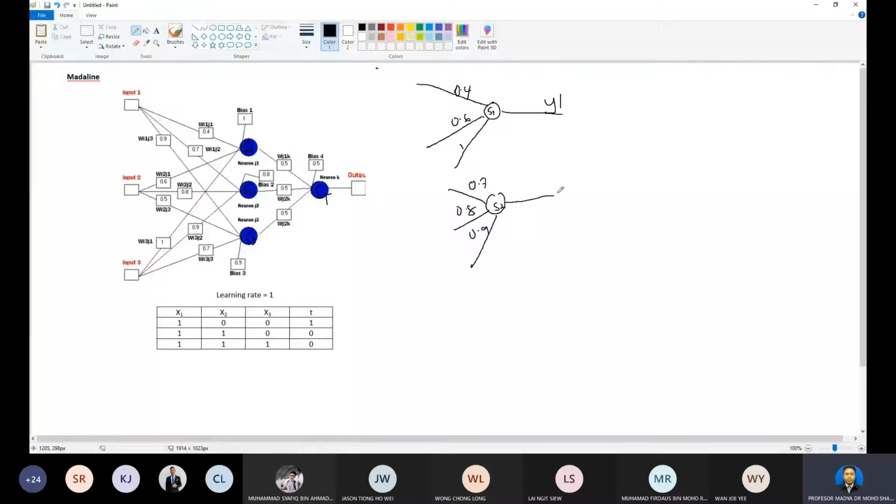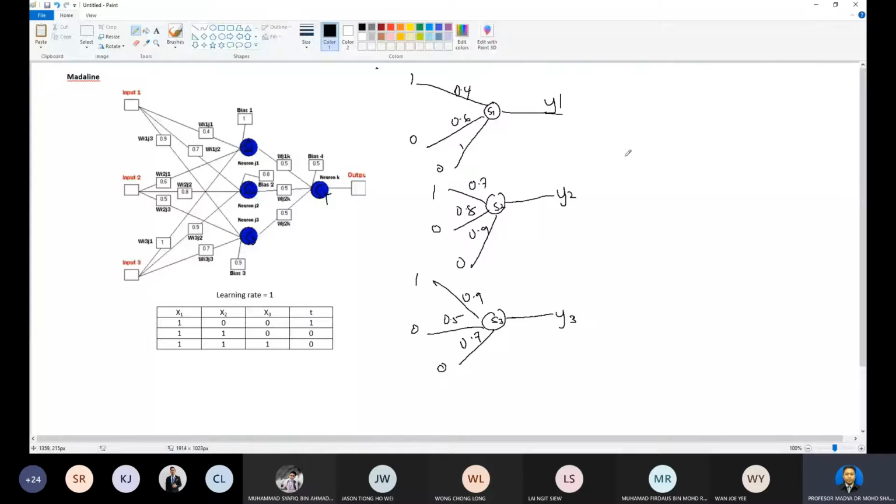Then S3 has 0.9, 0.5, 0.7, output Y3. The iteration inputs are 1 0 0, 1 0 0, 1 0 0.